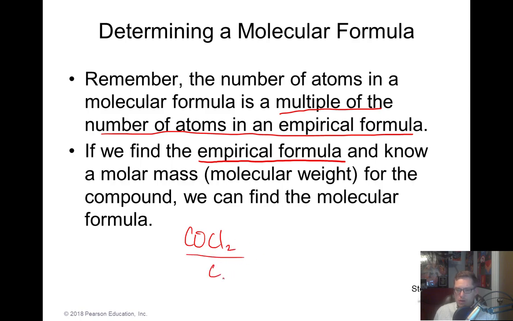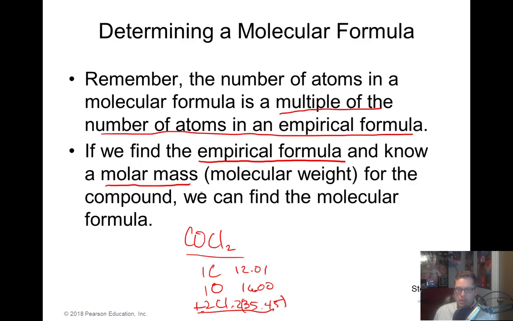So 1 carbon plus 1 oxygen plus 2 chlorines, and add those guys up. So it'd be 12.01 and 16 and 35.45 times 2.